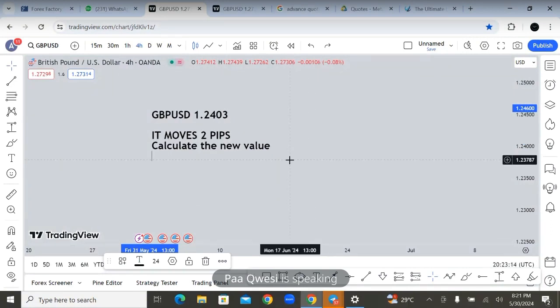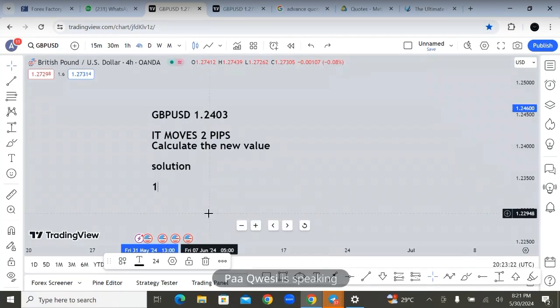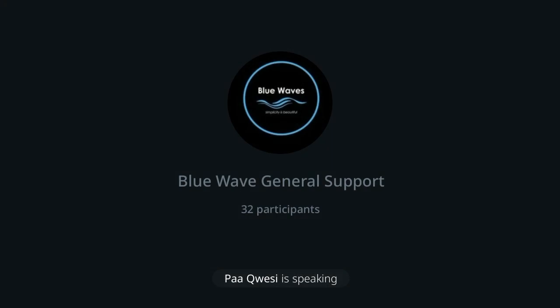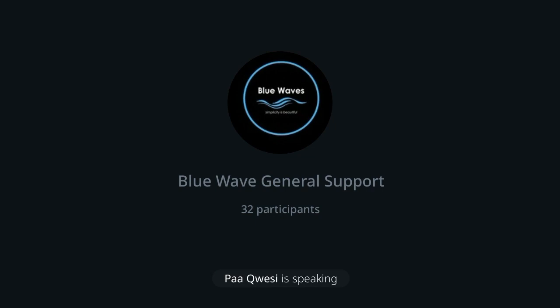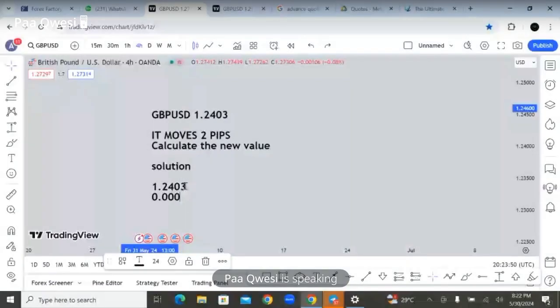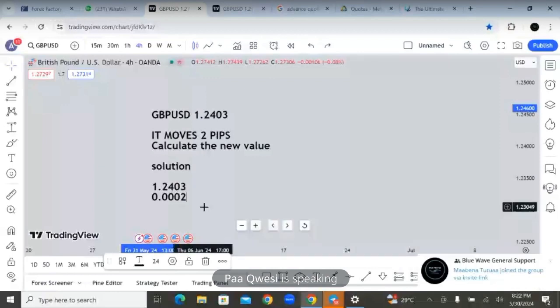So the solution will be, we have 1.2403. If you want to calculate the new price, you calculate it on the fourth decimal place. You are going to add 2 to 3, so we have 0.0002. This is the fourth decimal place.